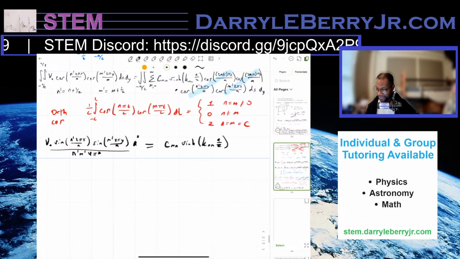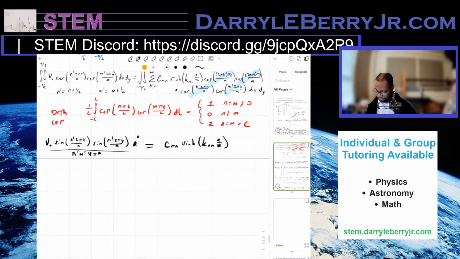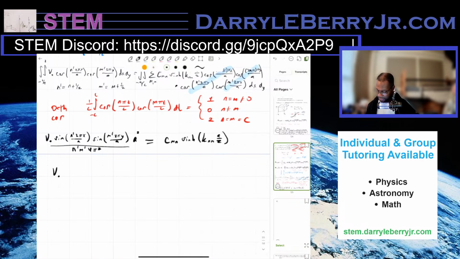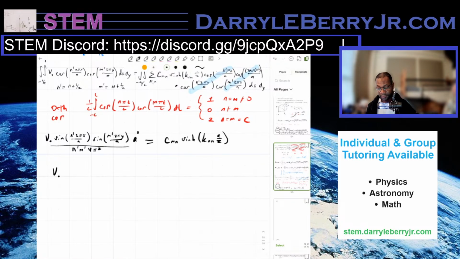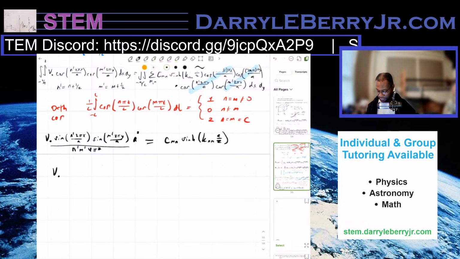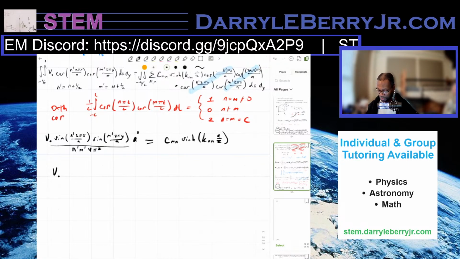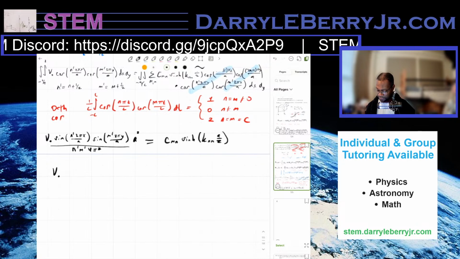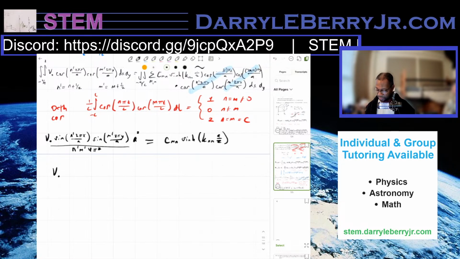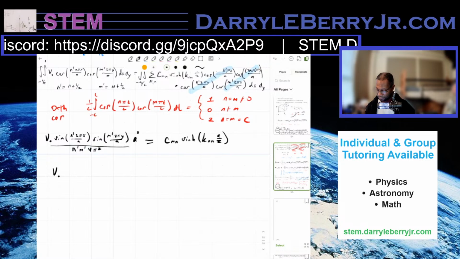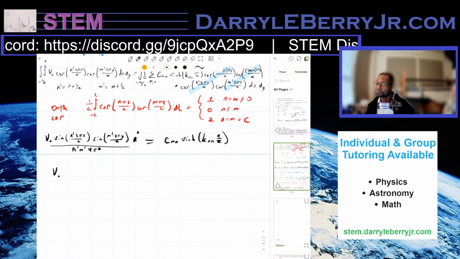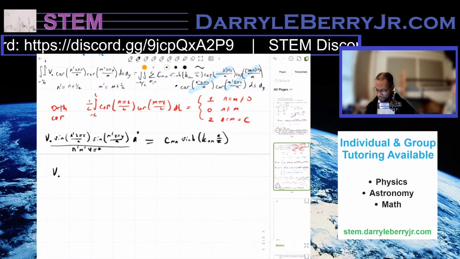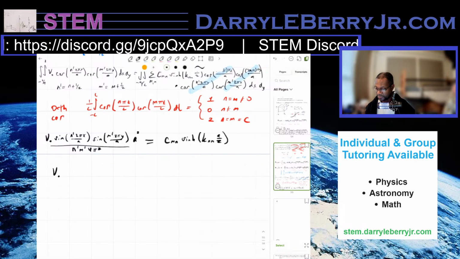And actually simplify this a bit. This is going to be V naught, we know sine, we're only going to get a value when m and n are equal. There's a way to simplify this, but I don't remember it.